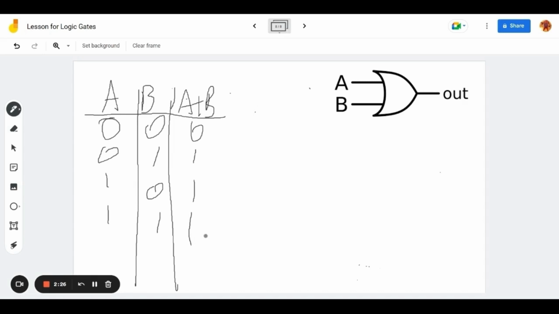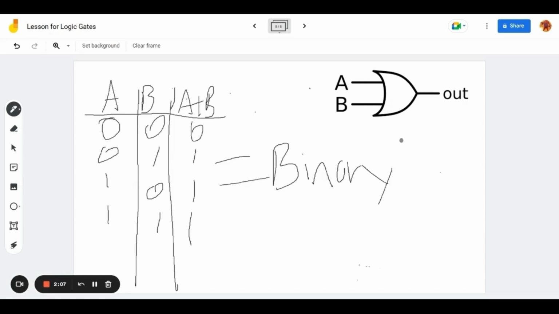The reason why 1 plus 1 actually equals 1 is because these are just binary numbers. Because these are binary numbers, we cannot have numbers like 2, 3, 4, 5, 6 anywhere.